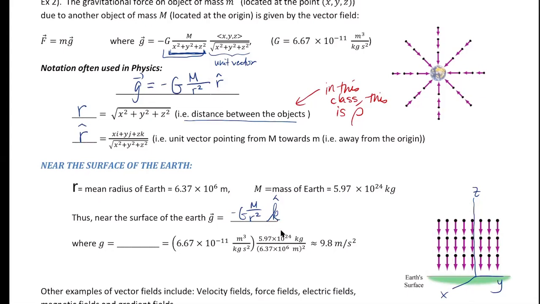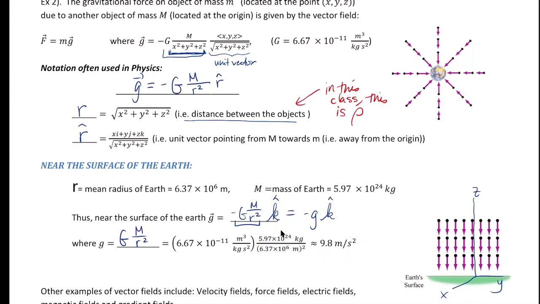And then we're going to call this whole piece in front of here little g. So we really call this negative little g, not a vector anymore, just a constant, and then k hat, where little g, we plug in the universal gravitational constant, the mass of the Earth, which is right here, divided by the radius squared, and that's where you're getting that 9.8.